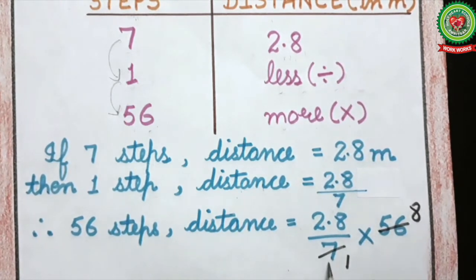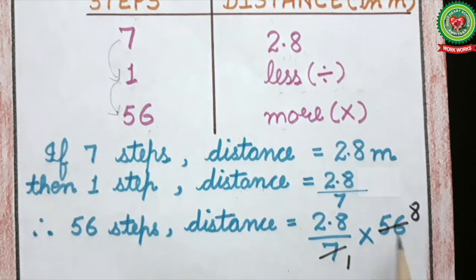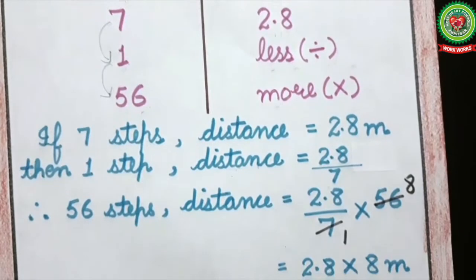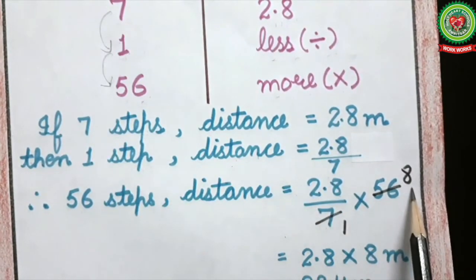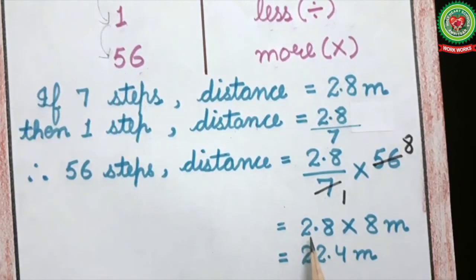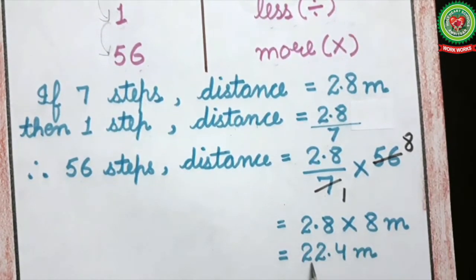Now on doing the calculation, 7 and 56 cancel with one another. 7 8s are 56. We are left with 2.8 multiplied by 8. On multiplying 2.8 into 8 we get the answer 22.4 meter, which is the required answer, that is the distance covered in 56 steps.